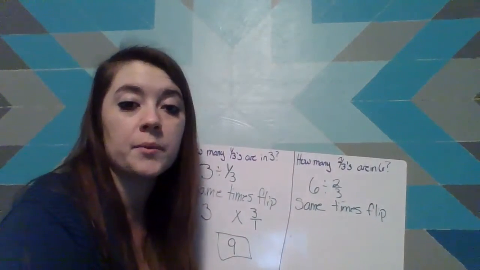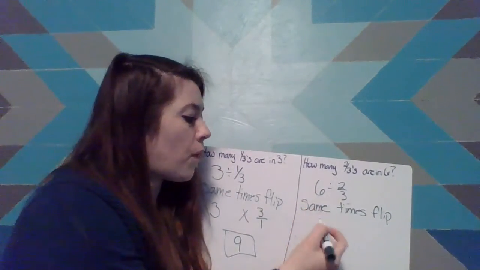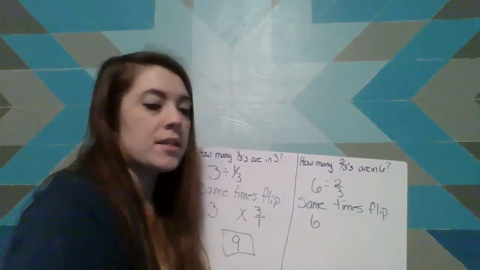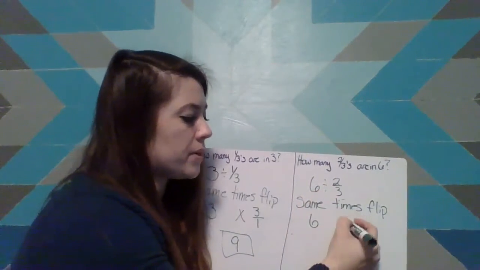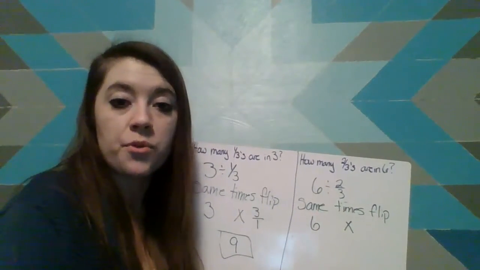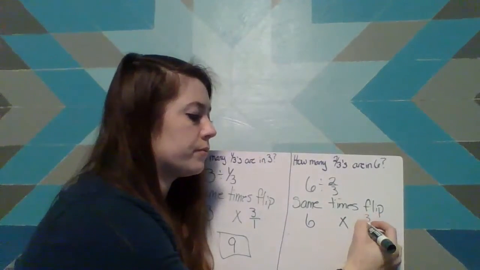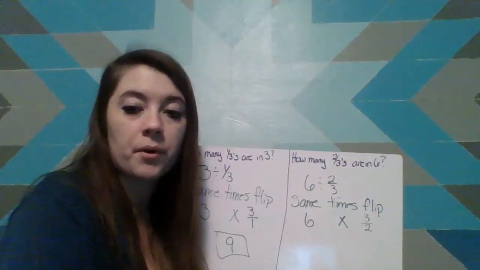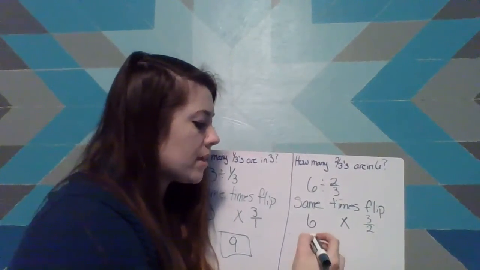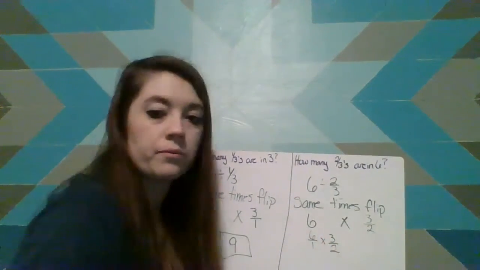And remember, our keyword for this lesson is reciprocals. So what stays the same? That'd be the 6. We take the division and turn it into multiplication and we flip the fraction. If we flip 2/3, it gives us 3 over 2. We find the reciprocal. So now we can think of this as 6 over 1 times 3 over 2.